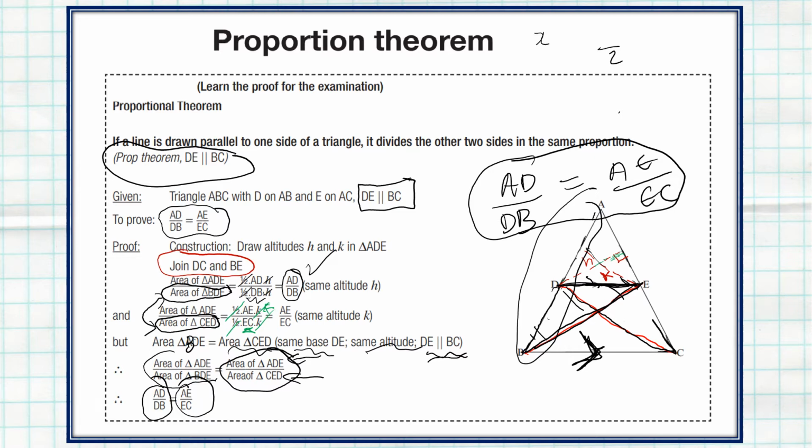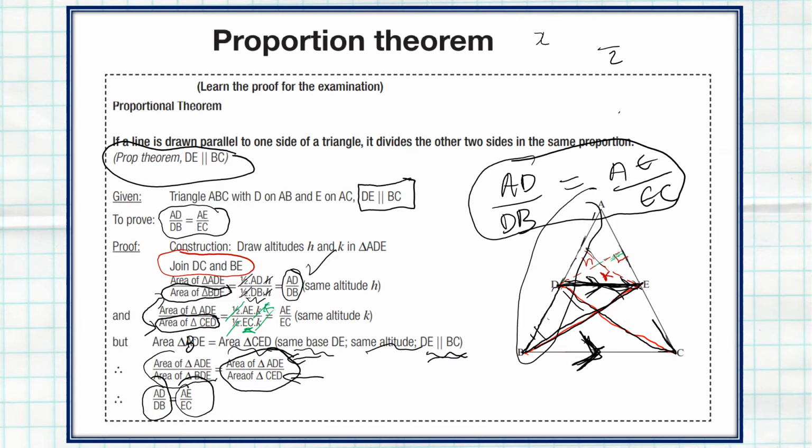You realize that those areas that are between the parallel lines will be in the ratio. The areas in your denominator will be equal because they are in between parallel lines and they have the same base, meaning to say they also have the same height. Then we can equate them and you can just prove this theorem. A line drawn parallel to one side of a triangle divides the other two sides in the same proportion.